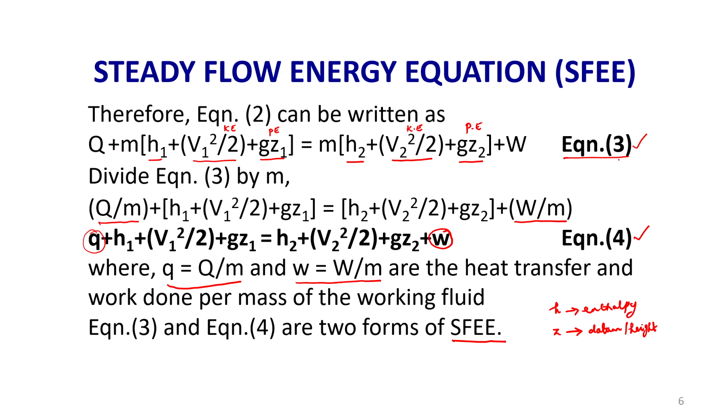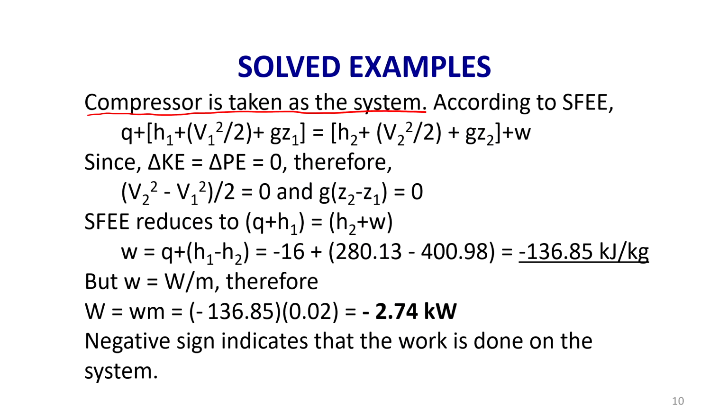One is equation number 3, in terms of capital Q and capital W, and equation 4 is obtained by dividing equation number 3 by m. That means it becomes heat transferred and work transfer per unit mass. So, capital Q becomes small q and capital W will become small w. That is the only difference. So, 3 contains mass and 4 is dividing the equation by mass. So, we can use any one of the equations. So, I am using equation number 4.